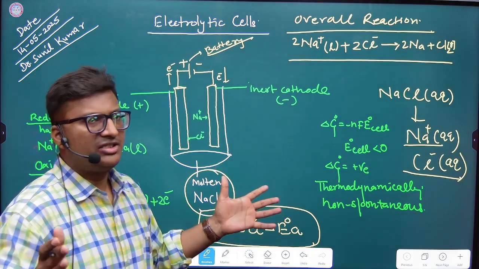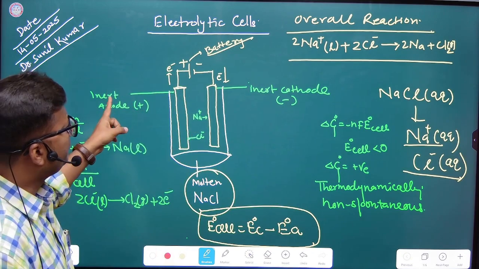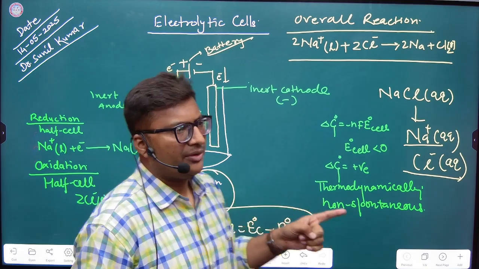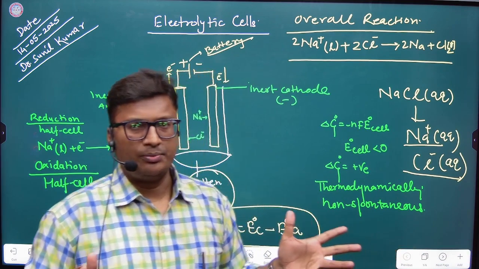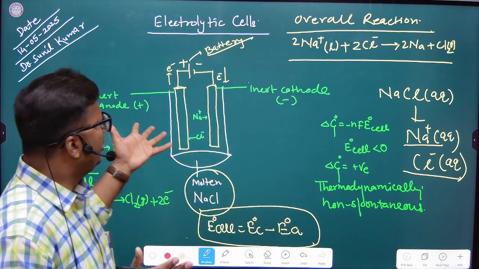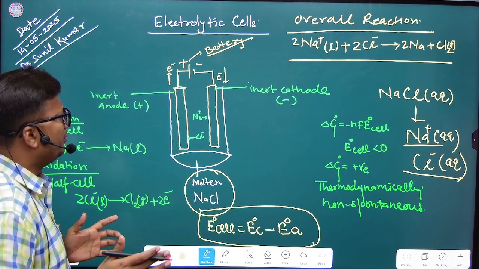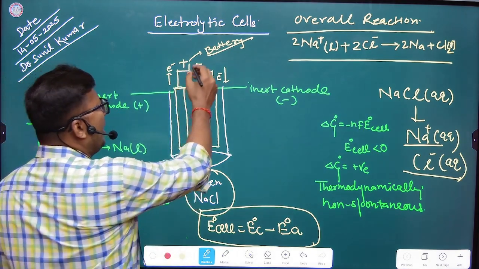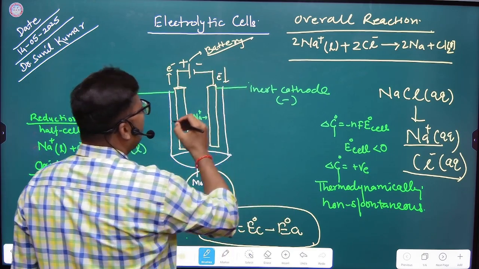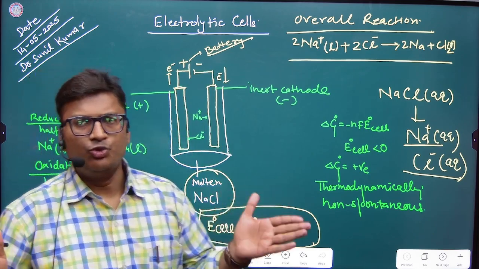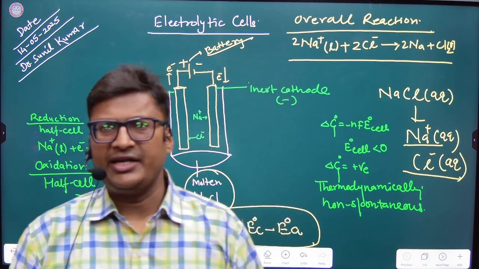So this creates a difference of potentials, or simply you can say EMF, that is electromotive force, or cell potential, right? So here a battery is connected as an external source of electricity. The use of external electricity is to create a chemical reaction, right?